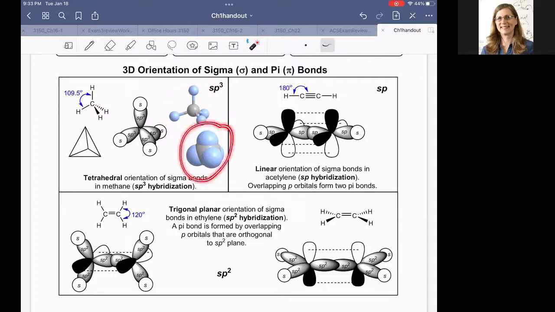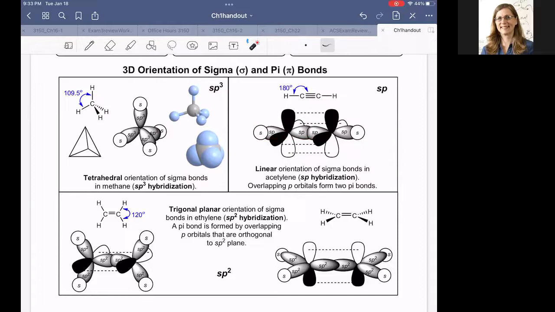This is a space filling model. It's kind of interesting, showing the volume taken up by the electrons. Okay, triple bond has 2 sets of p orbitals making 1 pi bond, and then a second pi bond. And then it's the hybrid orbitals, the sp orbitals, that make the sigma bonds.